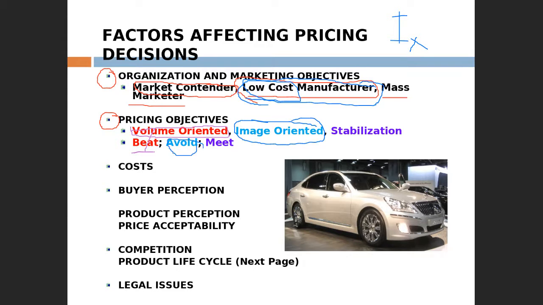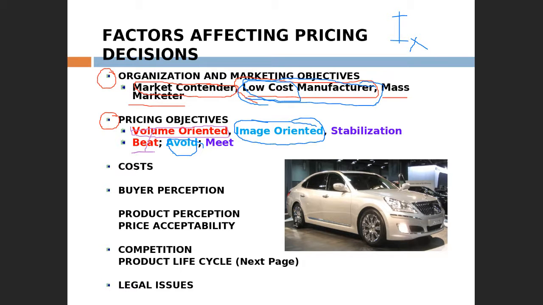You're looking at Louis Vuitton, you want to project a certain type of image, or Rolls-Royce. You don't care what prices others are setting for similar products. You basically want to stand out in the marketplace, signal through your prices, and essentially avoid others' prices.